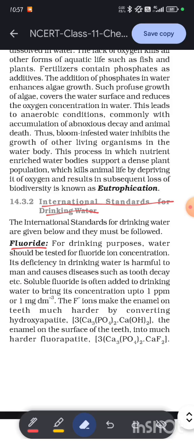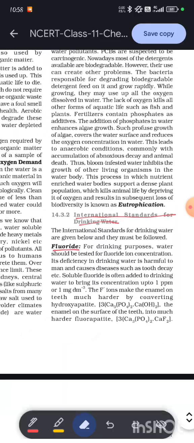The F- ions make the enamel on teeth much harder by converting hydroxyapatite, 3Ca3(PO4)2·Ca(OH)2, the enamel on the surface of the teeth, into much harder fluorapatite.